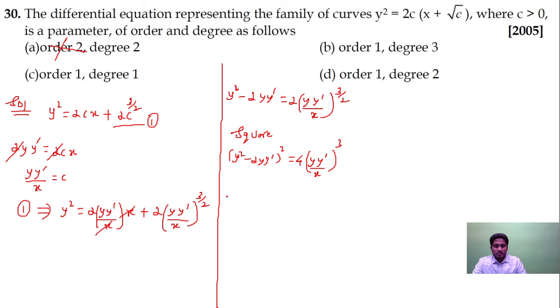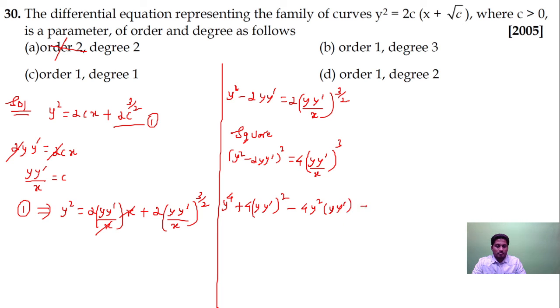So this is y square minus 2y into y dash the whole square. Even if you use a minus b the whole square here, no problem. You should take the degree, you should take the highest power of y dash. You understand? Even if you take a minus b the whole square here, if I take a square plus b square, that is y square plus 4y square into y dash the whole square, minus 2ab, which is 4y square into y into y dash.